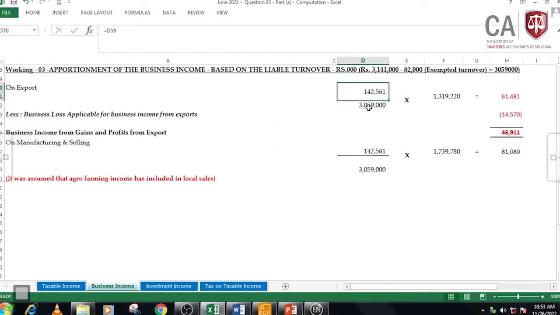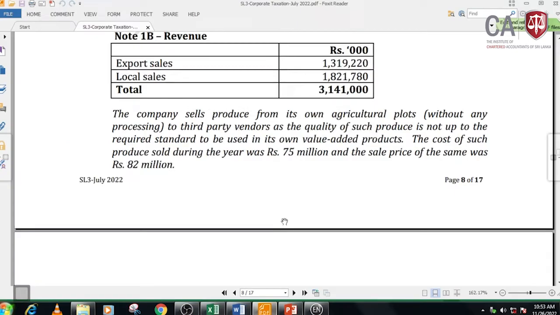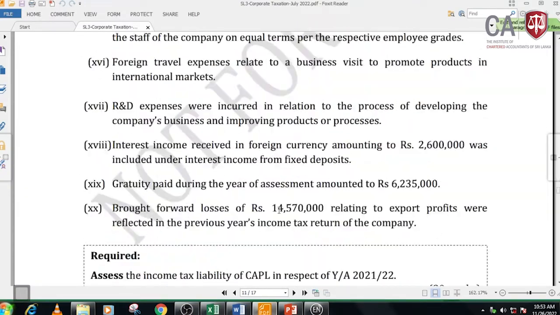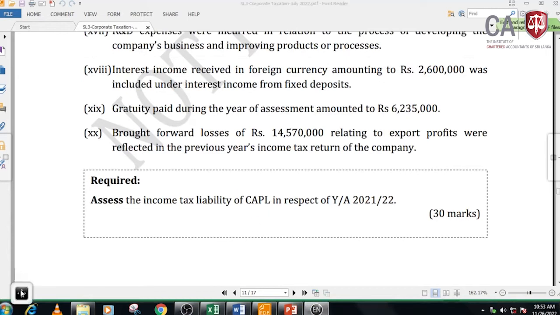142,561 is divided by total liable turnover, and take the particular turnover relevant to that export. Export, no change, then it's 61,480. In the paper it has been given that with reference to export there is a business loss.